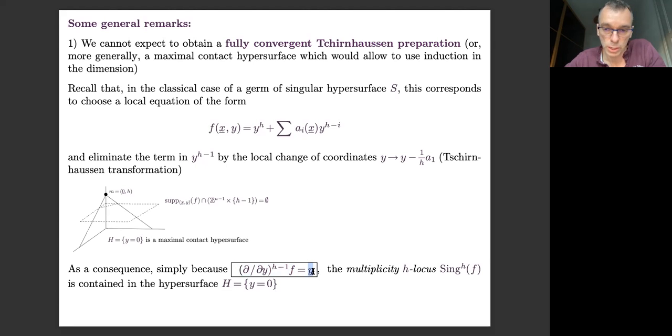Sorry, I forgot h factorial here, precisely because we eliminate the terms on y minus 1. So this locus is contained necessarily in the hypersurface y equals 0.